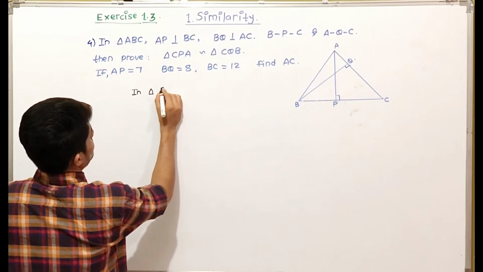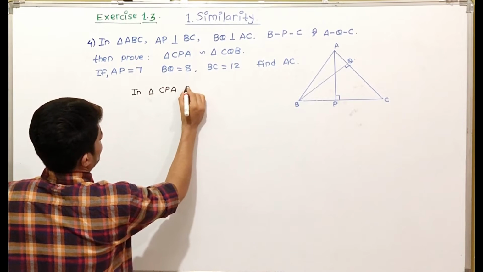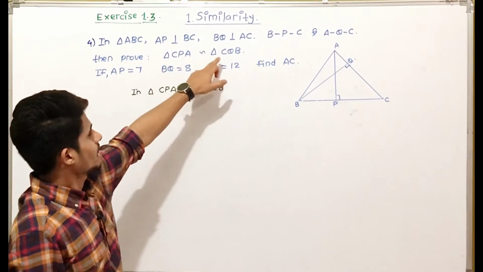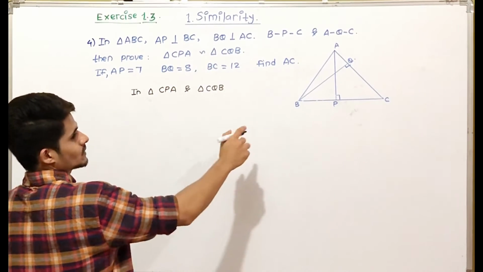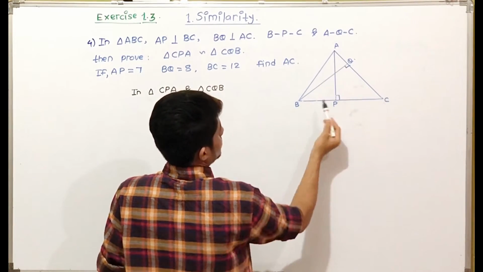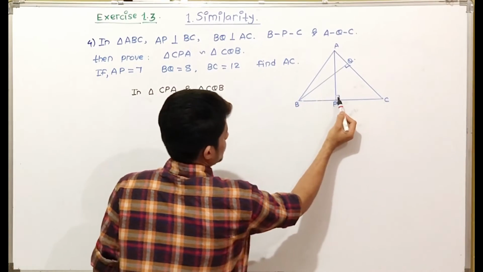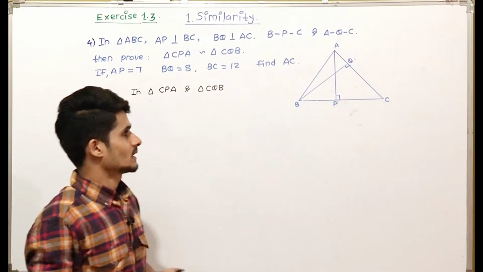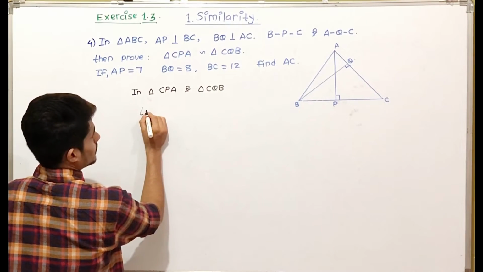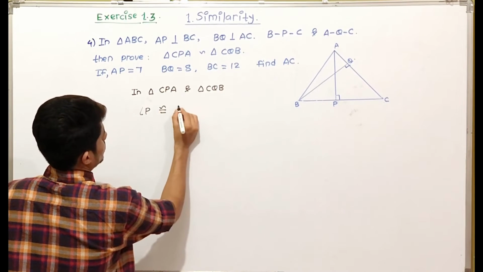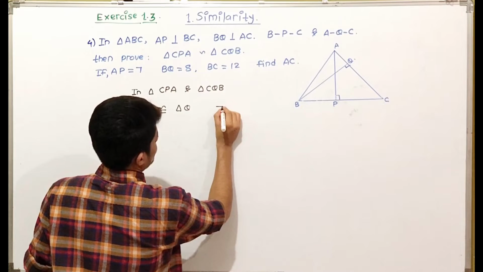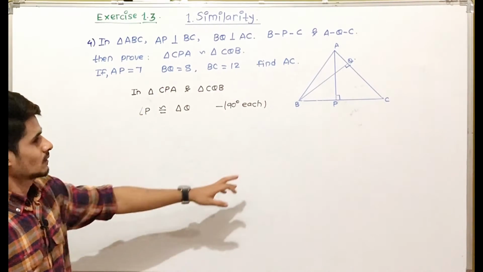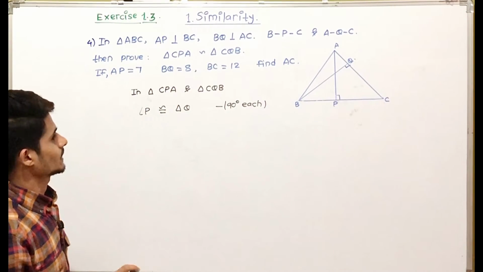In triangle CPA and triangle CQB, angle P is equal to angle Q, 90 degrees each.